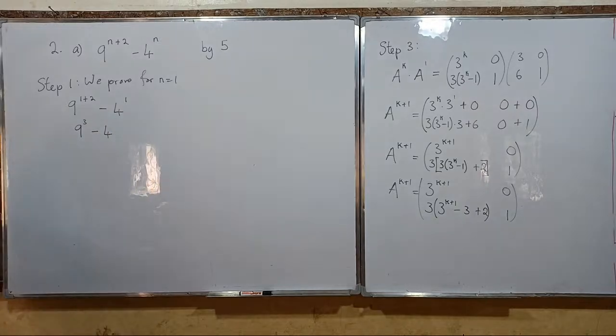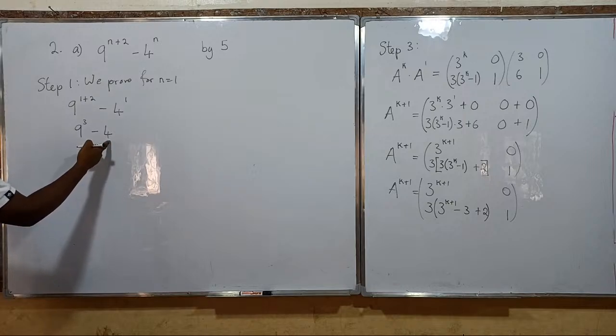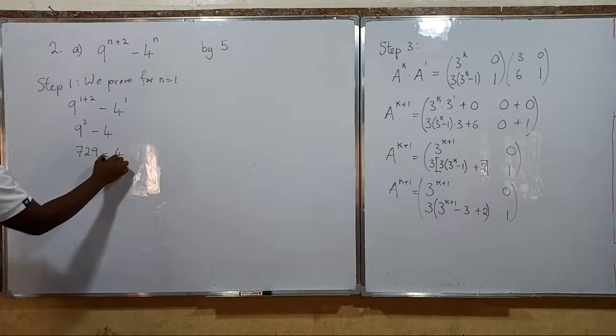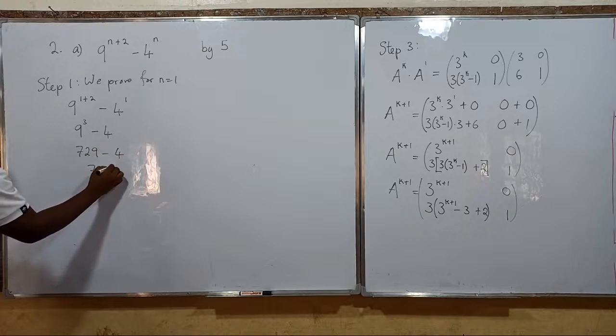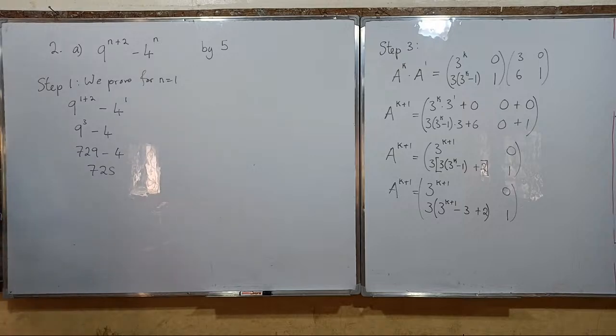What is 9 to the power 3 minus 4? 7 to 9 minus 4, which is 7 to 5. Can 5 go into this number without leaving a remainder?